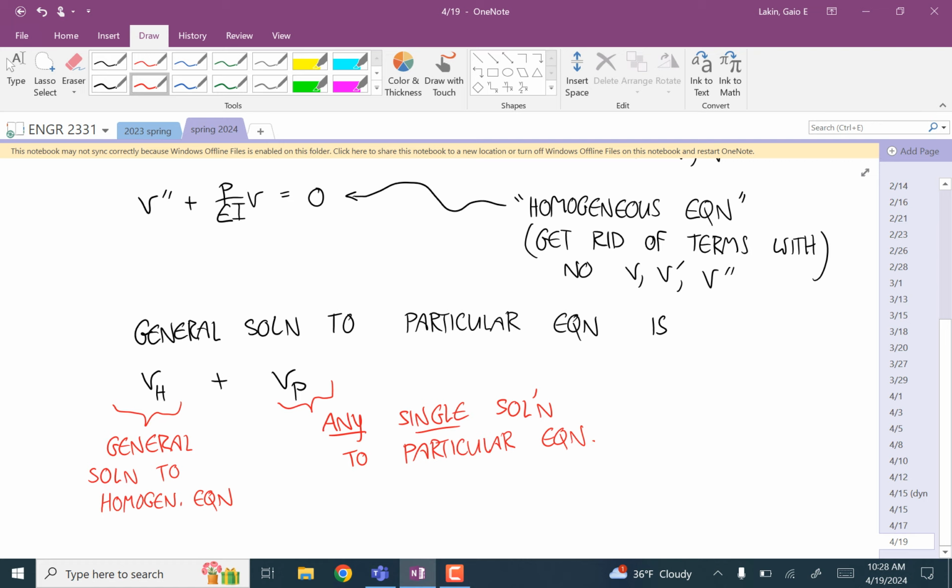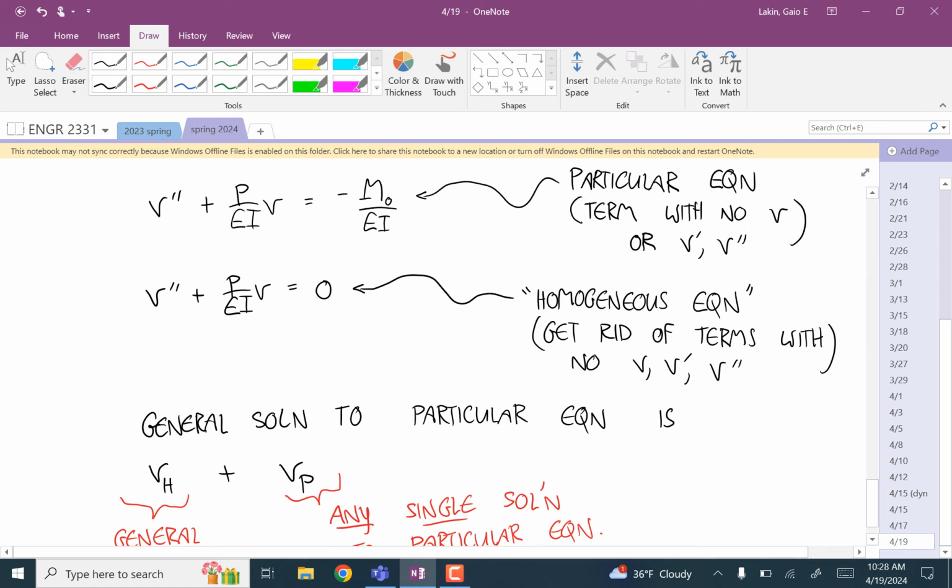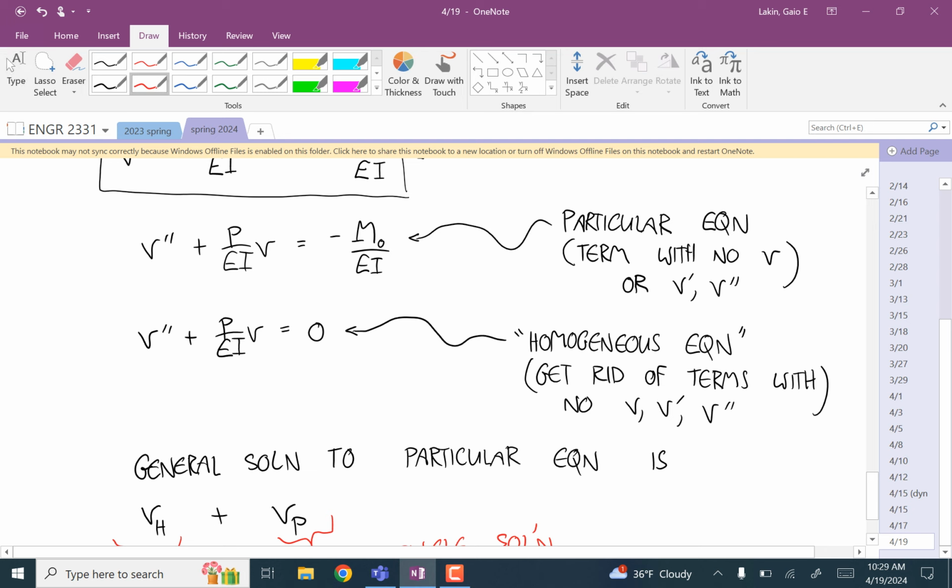Okay, anybody have any questions about that? That's a very common strategy for solving differential equations where you have one of these terms that's not multiplied by v prime or v double prime.